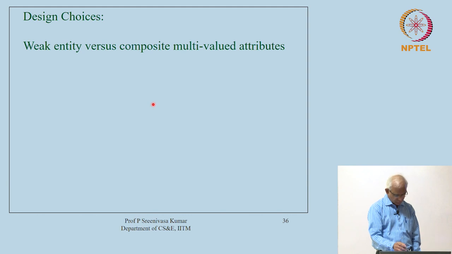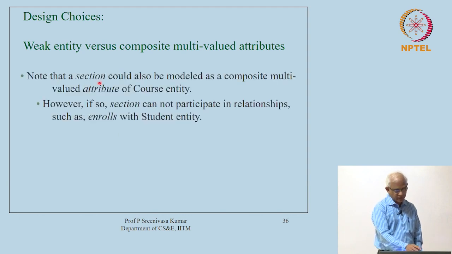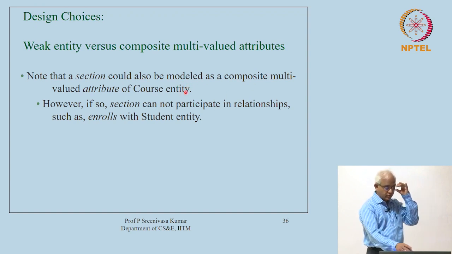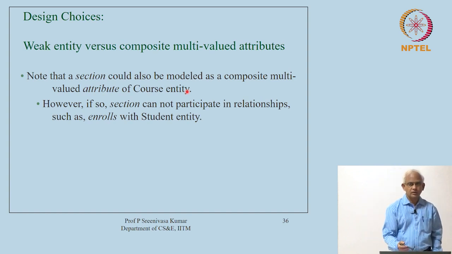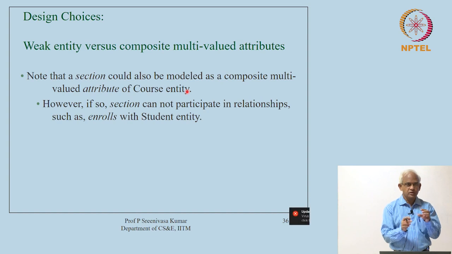So, for example, a section could also be modeled as a composite multi-valued attribute of a course. Do you realize that I can model a section? I have multiple sections, so basically it is multi-valued, and since we are keeping track of some information about section, I will make it composite.